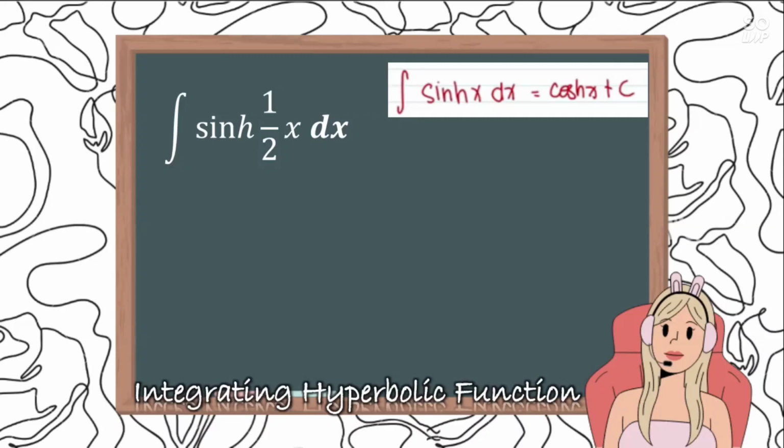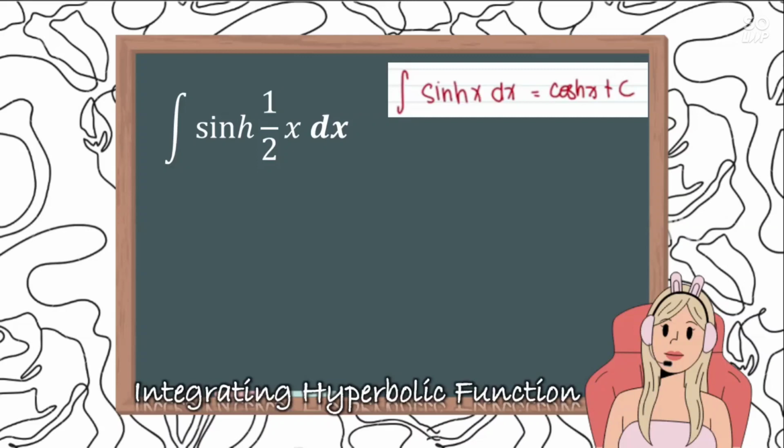But in hyperbolic functions, there is no negative. So as you can see here, we cannot directly integrate this hyperbolic sine into hyperbolic cosine of 1/2 x plus c. Why? Because our formula only tells us that this is the hyperbolic sine of x dx only.